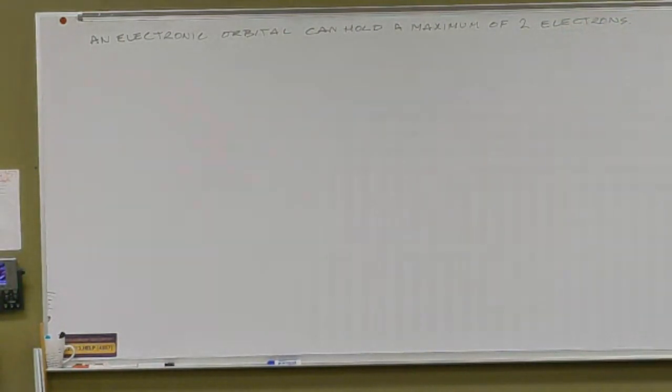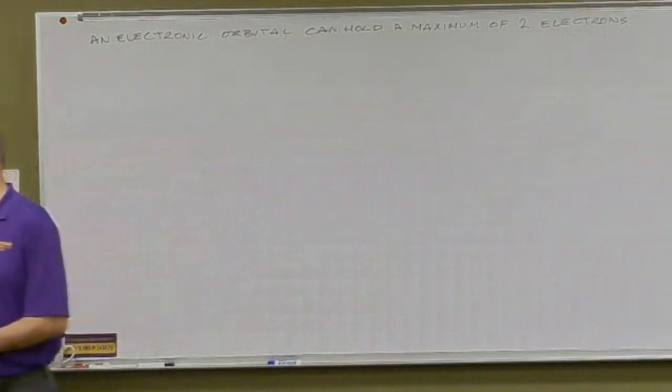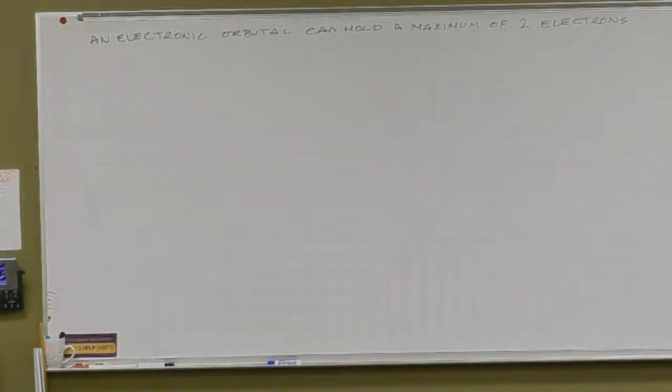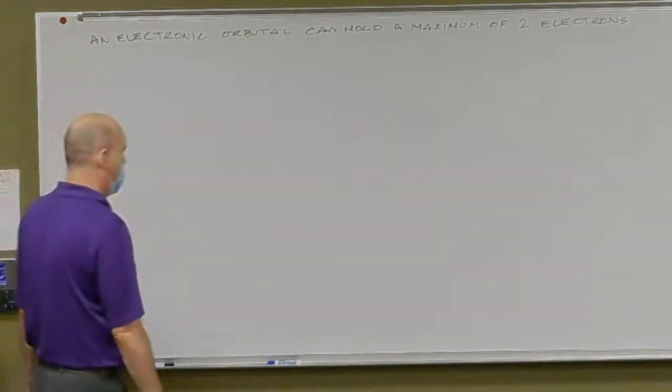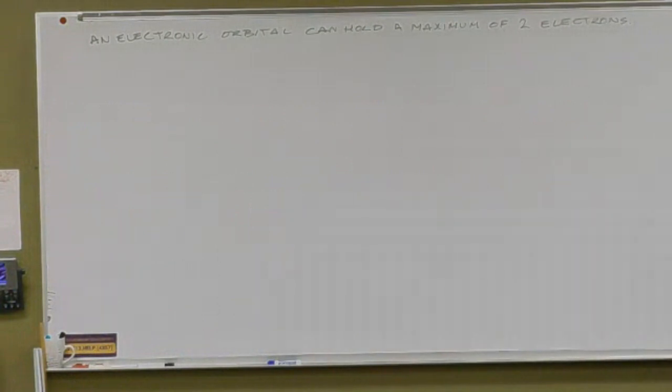So we have settled on the fact that there's more than one kind of environment for an electron. They can be in s electrons, p electrons, d electrons, or f electronic orbitals. Did I show you the picture for the f electronic orbitals? No. I pulled it up and then I didn't show it. I'll put the screen on.